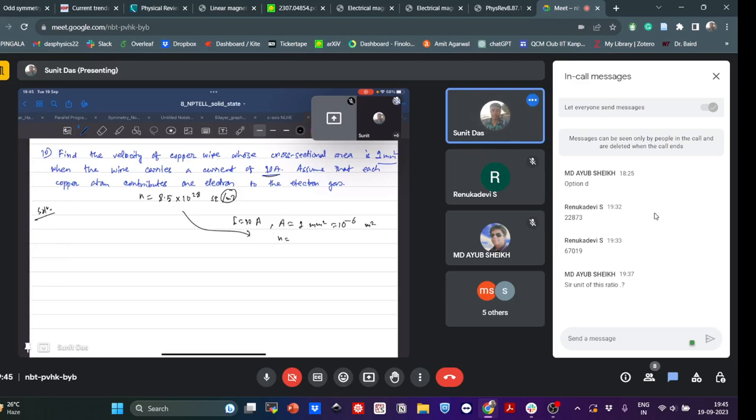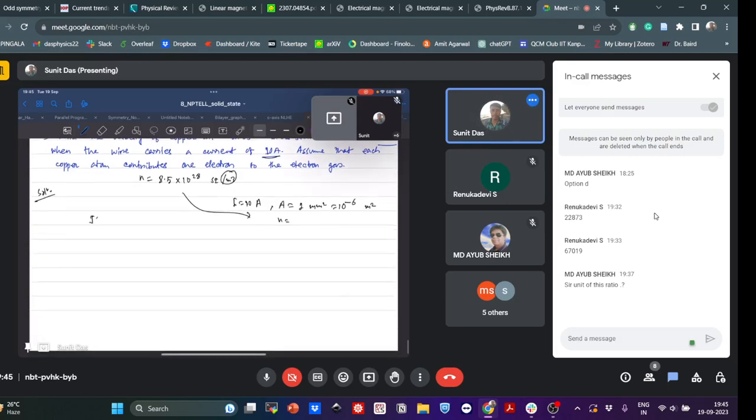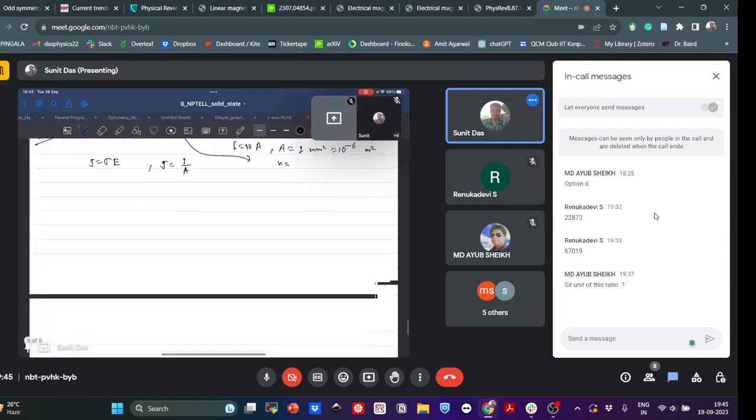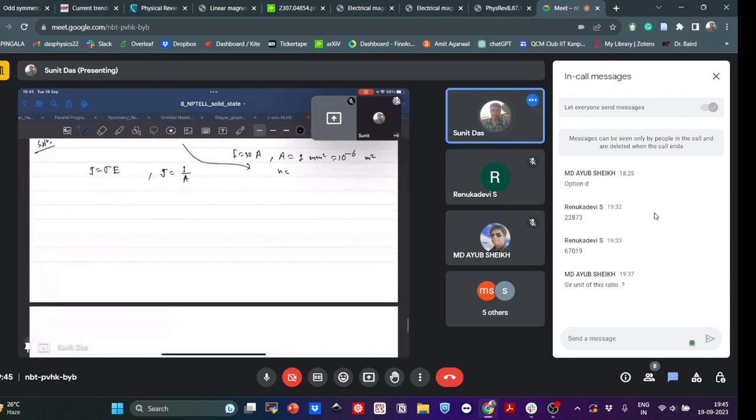So we know J equal to sigma E, where J is current by cross sectional area.